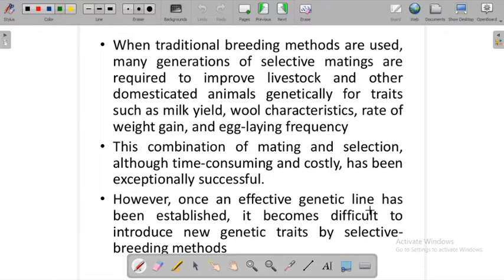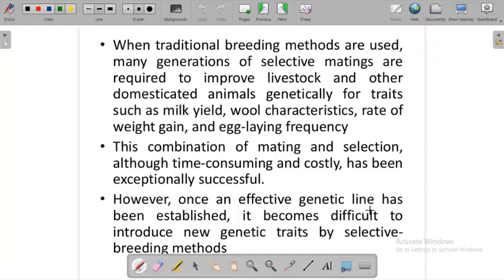The domestic animals are useful for high milk yield, meat production, wool production, and chickens we generally use for high, heavy egg production. If we want an organism capable of producing a large amount of livestock, then we used these traditional breeding methods.